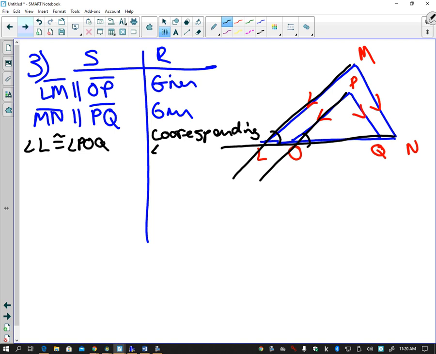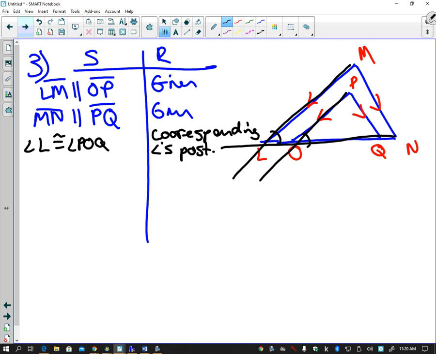Because it's the only angle that can be made with that letter. If you want to be more specific, then by all means say PLO or PLQ or PLN for that matter. But I can just say angle L.